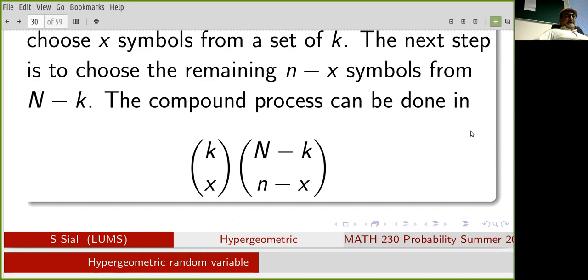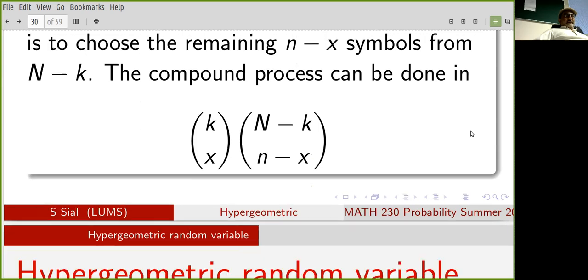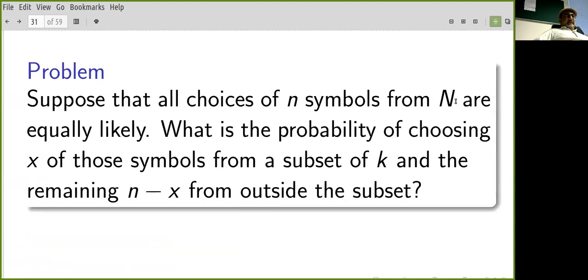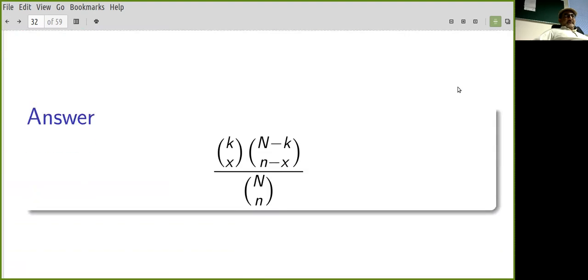Now, if the selection was fair, that would mean that all such selections of small n symbols are equally likely. And then the probability looks like k choose x times capital N minus k choose small n minus x, divided by capital N choose small n.